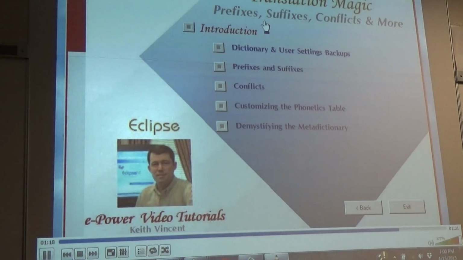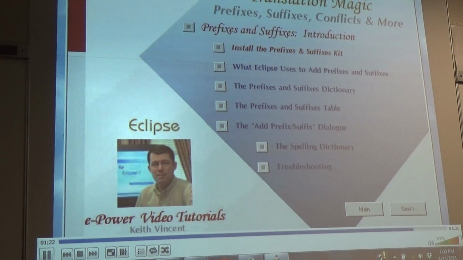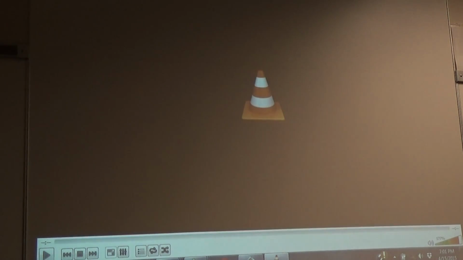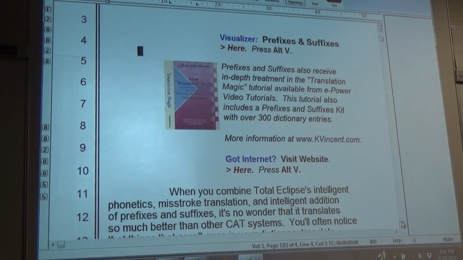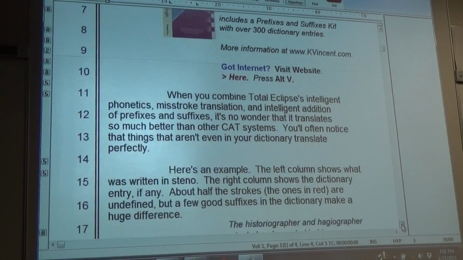Much more could be said about prefixes and suffixes, but this is the subject of a separate in-depth ePower video tutorial which shows you step by step how to take advantage of the prefixes and suffixes kit. Any questions? Pretty self-explanatory on the prefix suffix thing.